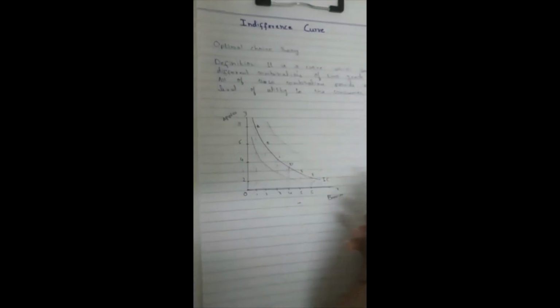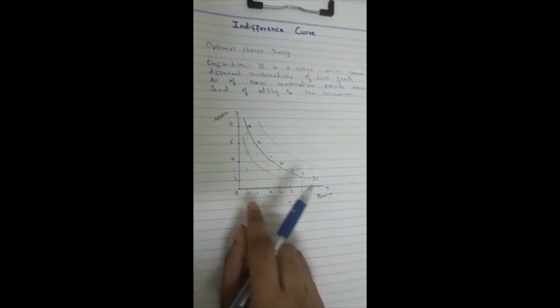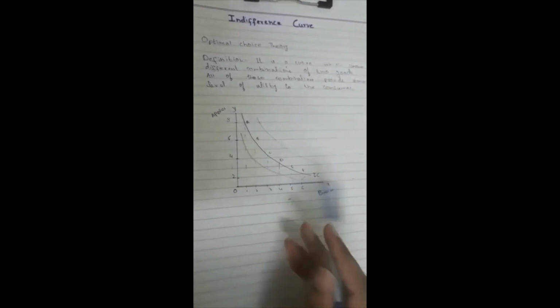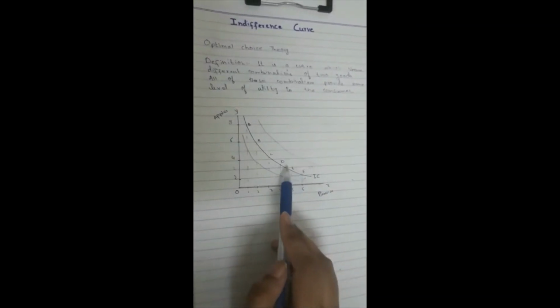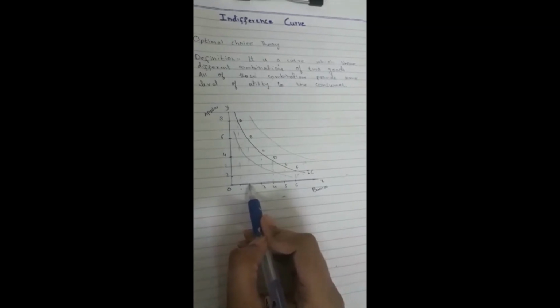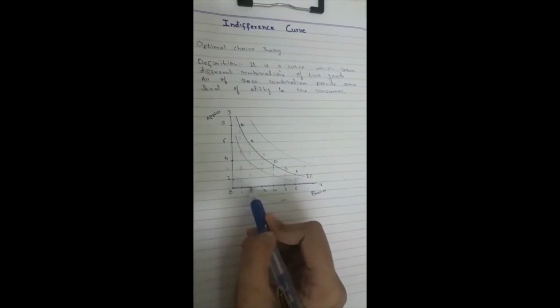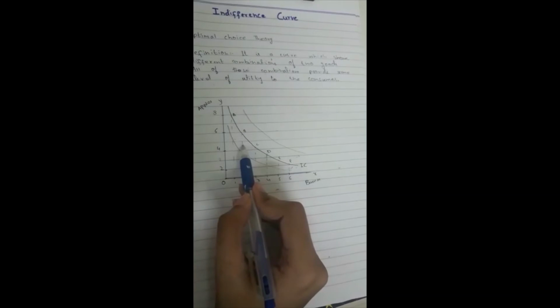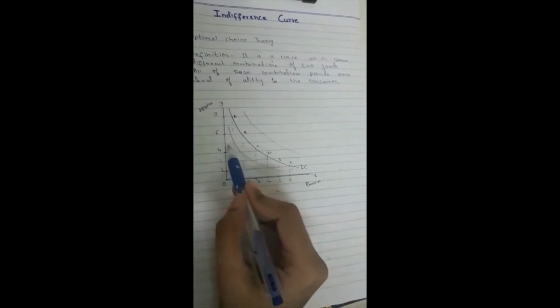So as the consumer increases the quantity of one good, he has to decrease the quantity of the other good in order to remain on the same utility curve. When he moves from 1 banana to 2 bananas, his consumption of apples decreases from 8 to 6, and from 2 to 3 his consumption decreases from 6 to 4.5 or 5.